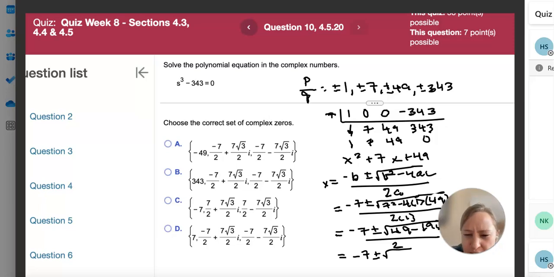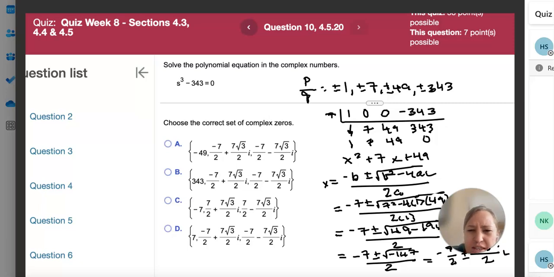is negative 147. Now remember, you can't square root a negative number. That's how we ended up with i. And so simplifying the square root of negative 147, we end up with negative 7 over 2 plus or minus 7 square root 3 over 2 i.